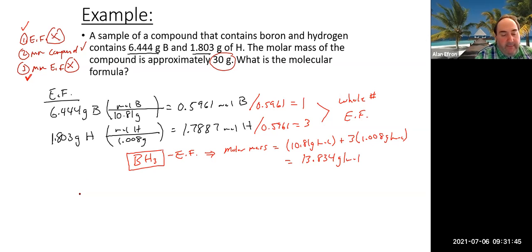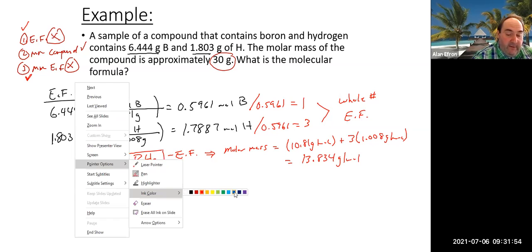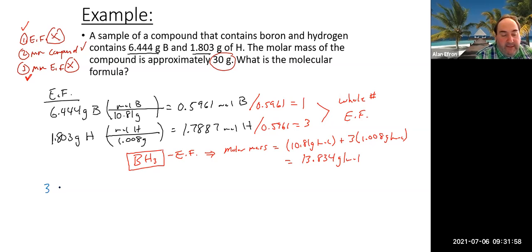Now we have the third thing that we need. So now we're able to figure out what is our molecular formula factor, if you will. So to do that, we take the molar mass that was given to us from the problem of the compound. We take the empirical formula's molar mass and we divide by it. And again, this should give us a relative whole number in a lot of cases, should.